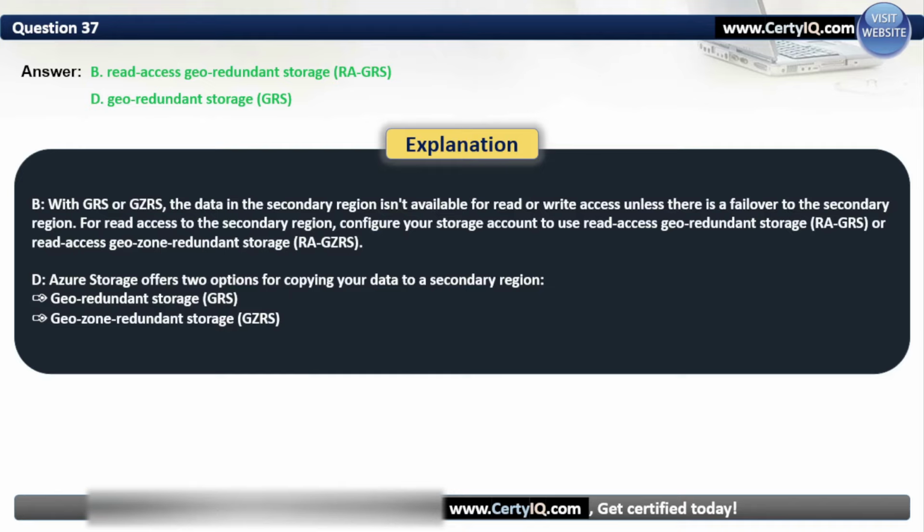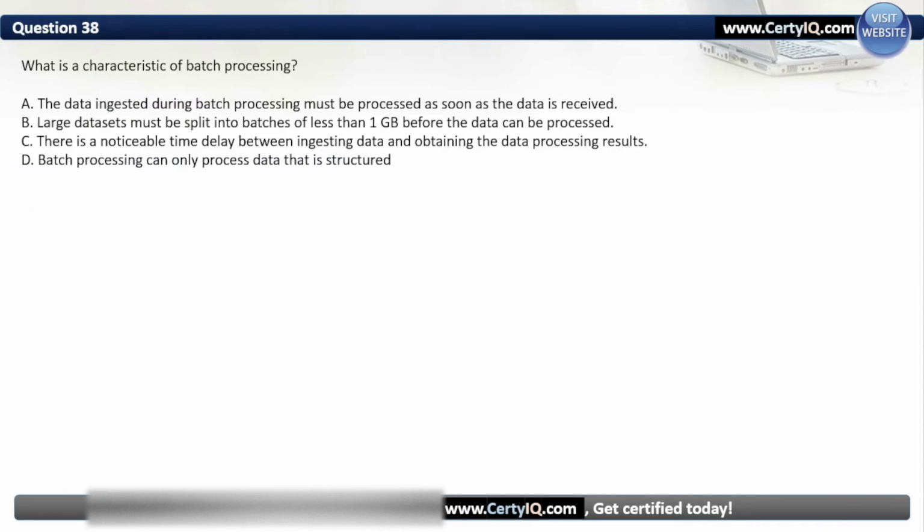For read access to the secondary region, configure your storage account to use read access geo-redundant storage or read access geo-zone redundant storage. About option D, Azure Storage offers two options for copying your data to a secondary region, that is GRS and GZRS.